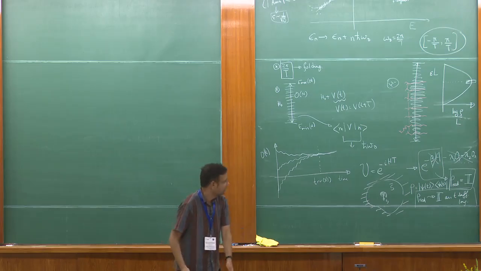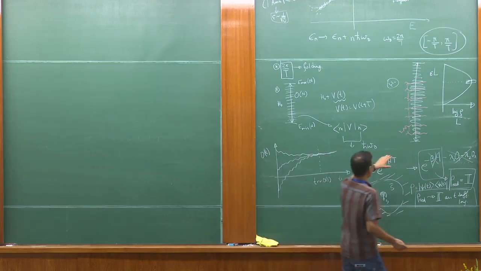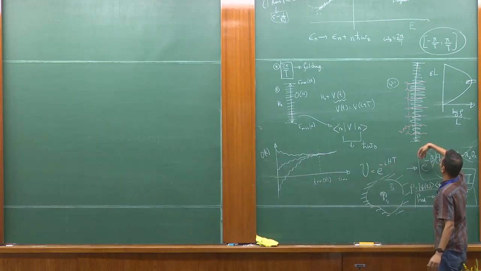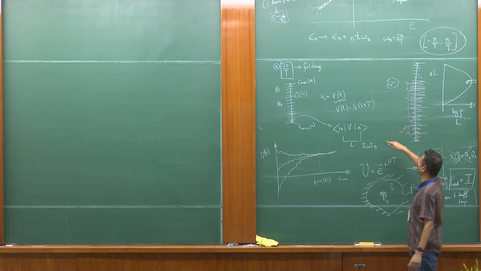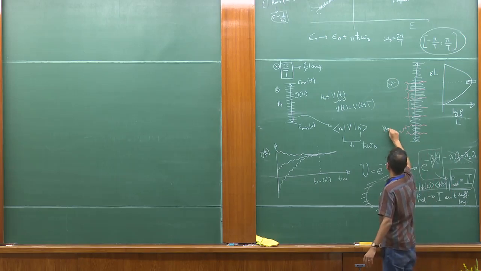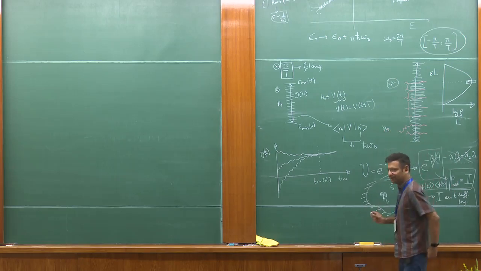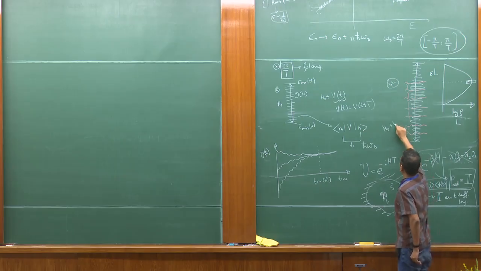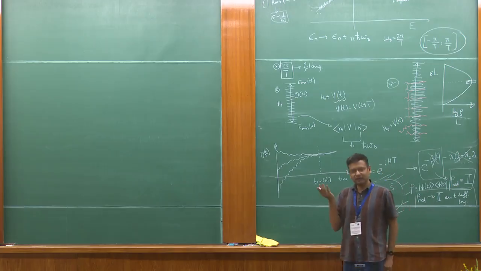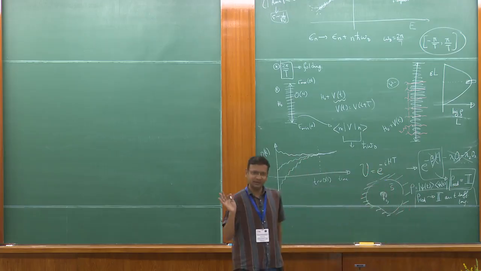Oh, okay. So, see, there's this spectrum, right? And this spectrum is the spectrum of some many-body Hamiltonian H naught. Now, let's say I add some V of t to it, and this V of t is a periodic function of time, right? Then your energy conservation is lost.